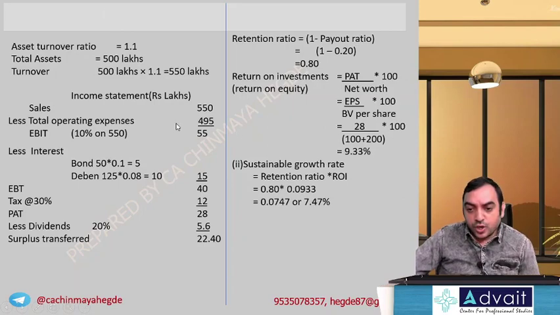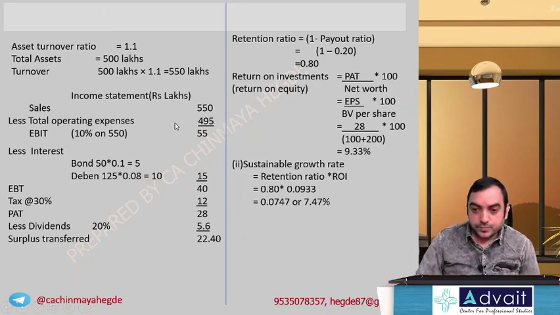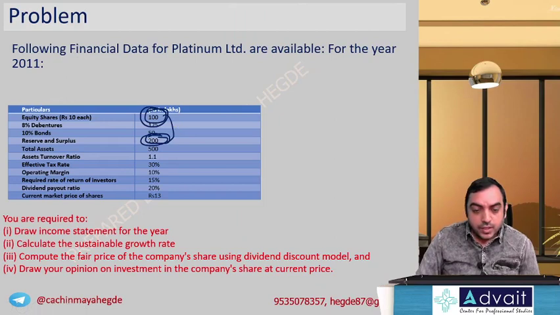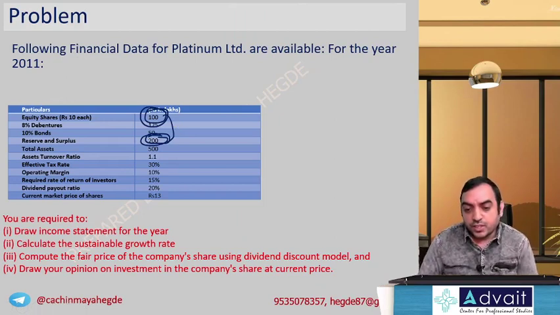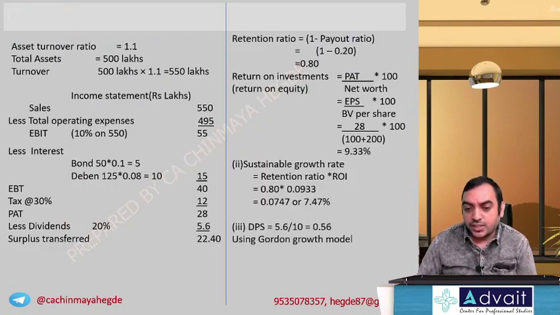Okay. So we got the sustainable growth rate. Next, compute the fair price of the company share using dividend discount model. So that we know, D1 by K minus G. D1 dividend. How much is dividend? Total payment is 5.6.